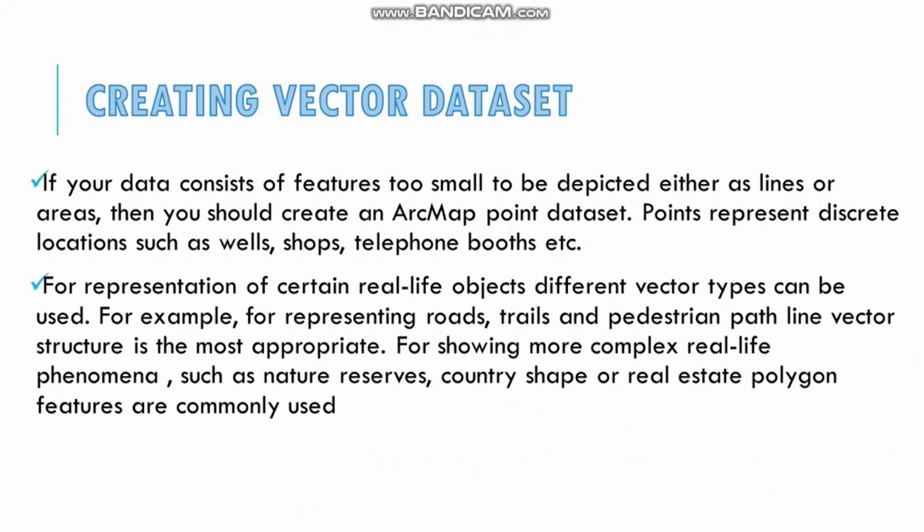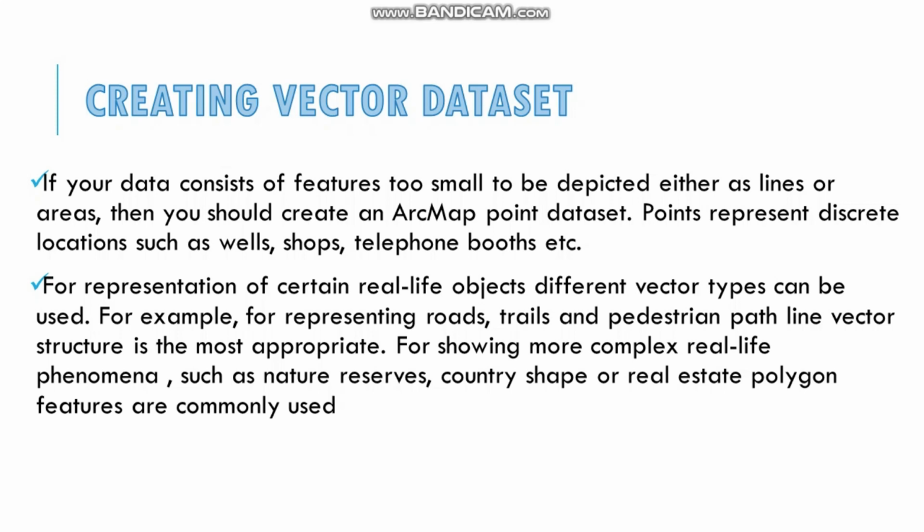For representation of certain real-life objects, different vector types can be used. For example, for representing roads, trails, and pedestrian paths, the line vector structure is the most appropriate. For showing more complex real-life phenomena such as nature reserves, countries, or real estate, polygon features are commonly used.